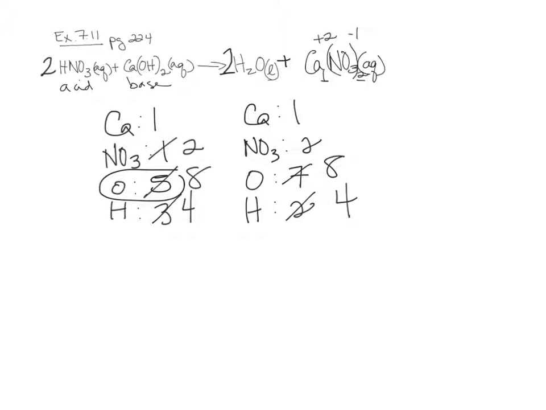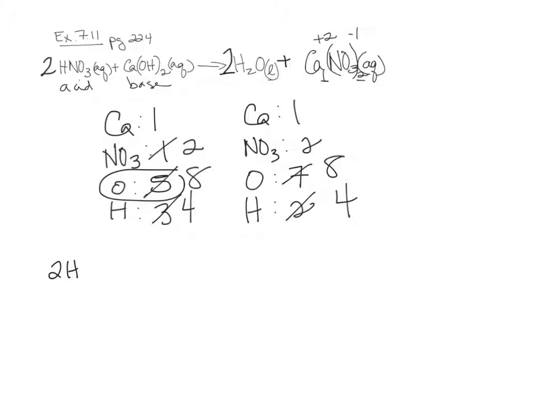Now to write the net ionic equation. For the net ionic equation, what I need to do first is write the complete ionic equation. I want to take my acid and put it in the ionic form.